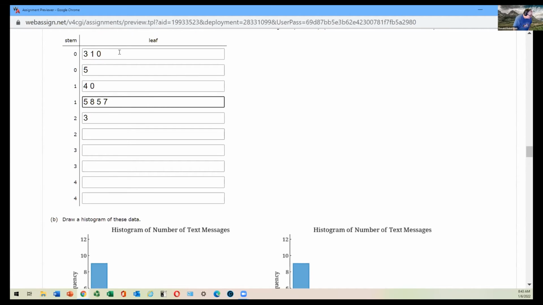Although that would be for me the first pass, right? Wouldn't you then put them in order? So you're not finished until the stem and leaf is in order.